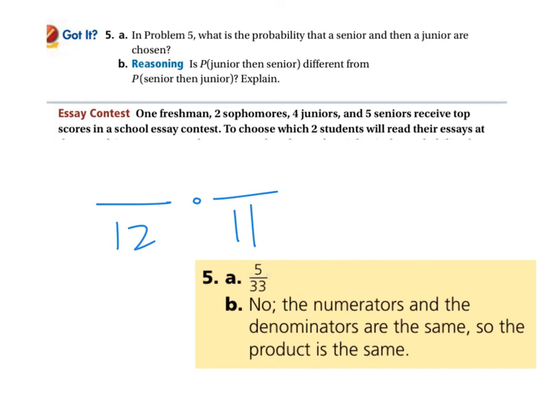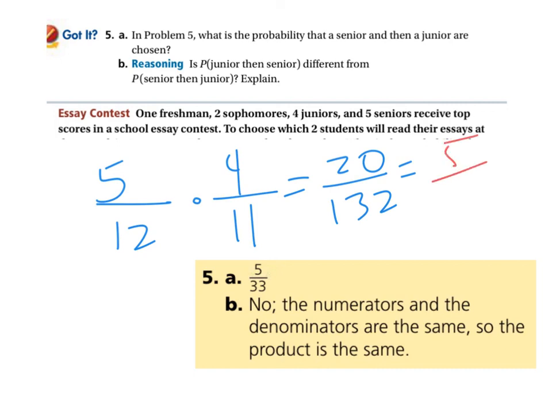So this time, probability that a senior, so how many seniors? There were 5 seniors. And then a junior, and there are 4 juniors. So that's 20, right, over 132, which I believe reduces to 5 out of 33.